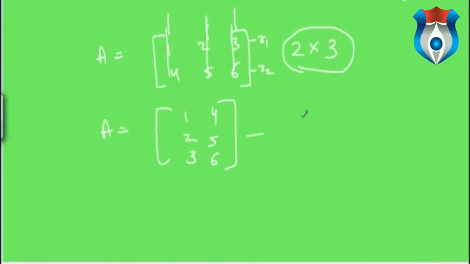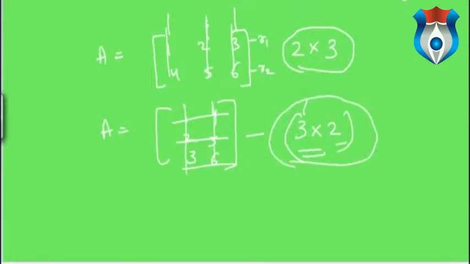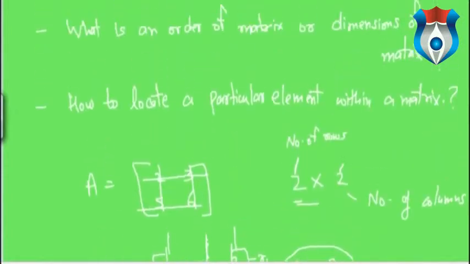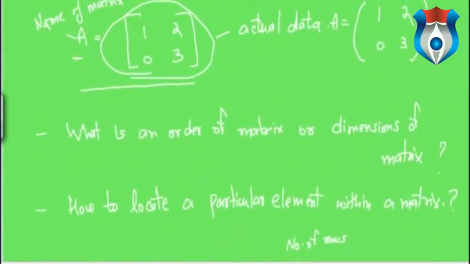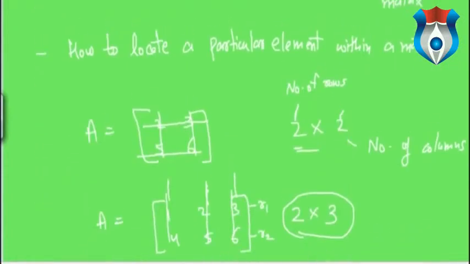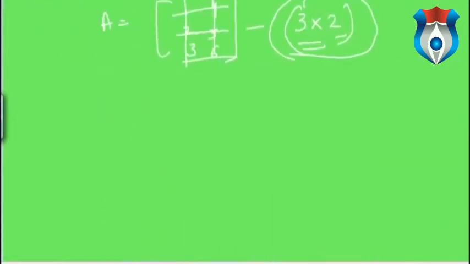The order of this matrix would be 3 cross 2, because there are 3 rows and there are 2 columns. So it should be clear how to find the order of a particular matrix.